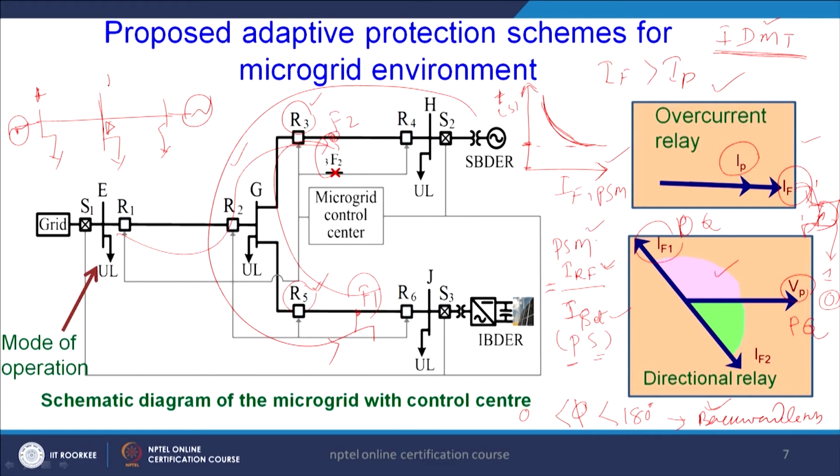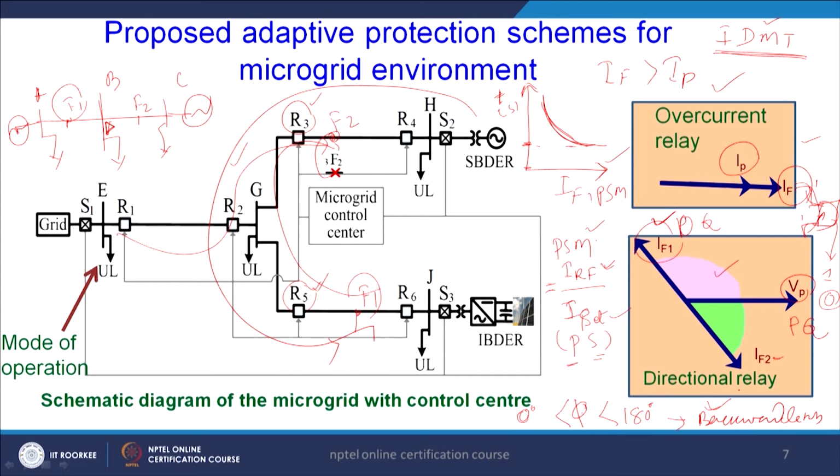This is bus A, this is bus B and this is bus C. If this is my fault F1 and this is my fault F2, then due to fault F1, the current contributed to this relay is IF1, and due to fault F2, the current component seen by this relay is IF2. So the two fault components will lie in these directions, and the angle between Vp and IF1 for fault F1 will lie between 0 degrees and 180 degrees.